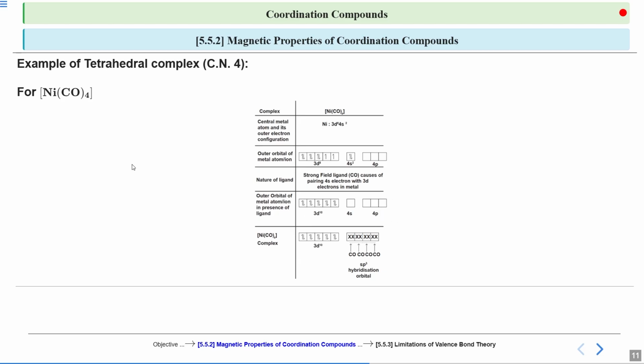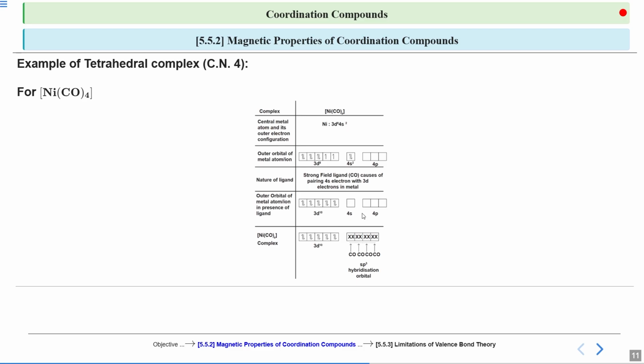Now here we see the coordination number of our complex, that is 4. So 4 ligands are approaching the nickel central metal atom or ion to form the bond. So we have no empty 3d orbital provided by the metal.